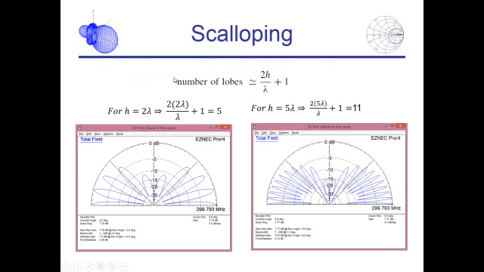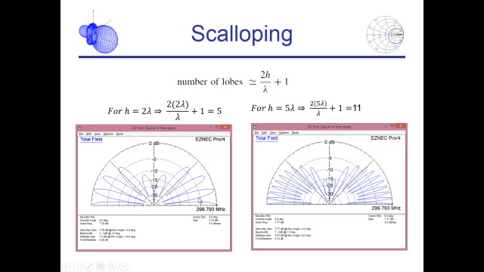we're going to do two cases that are demonstrated in the book. For the case of the height being 2 lambda, the number of lobes in my radiation plot is going to be equal to 5.